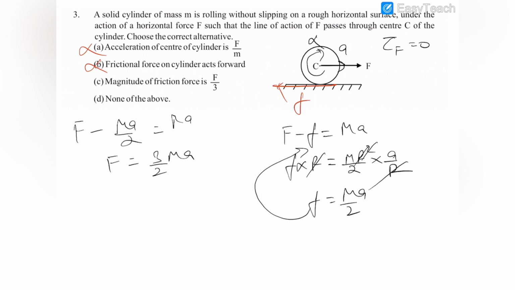And this friction will be equal to ma by 2. So ma by 2 is equal to F by 3. The magnitude of frictional force is F by 3, so the correct option is option number C. Now we move on to the next question.